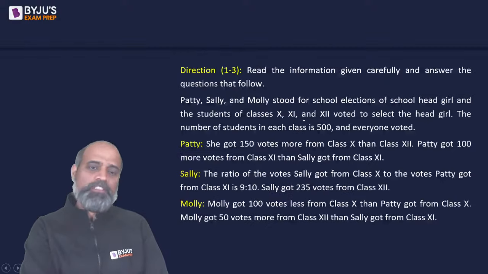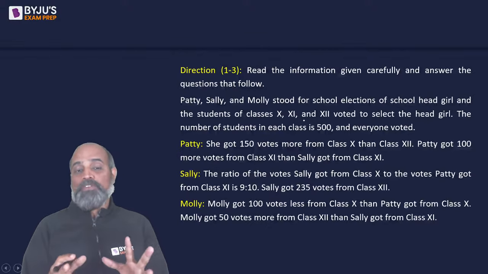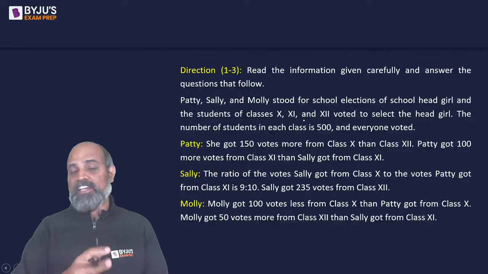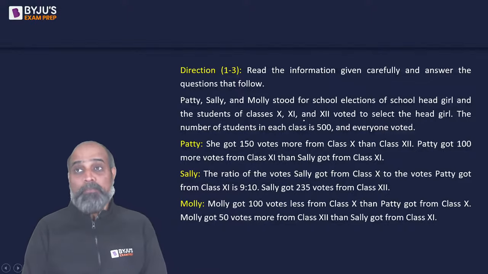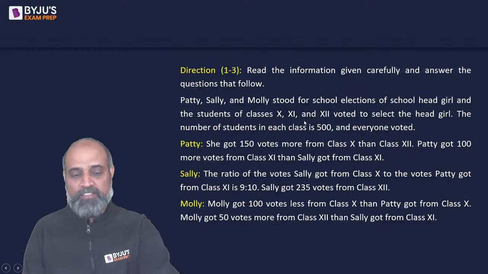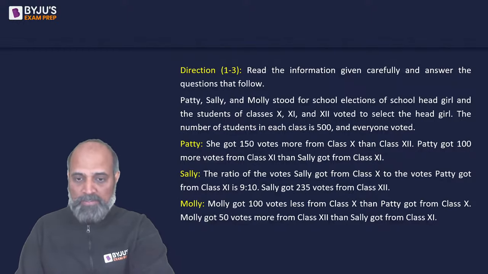So there are three questions associated with it. We have to figure out how many votes Patty, Sally, and Molly got from each of the three classes. We may or may not be able to figure out the vote classification under each of the classes, but we'll try to find out as much as possible.